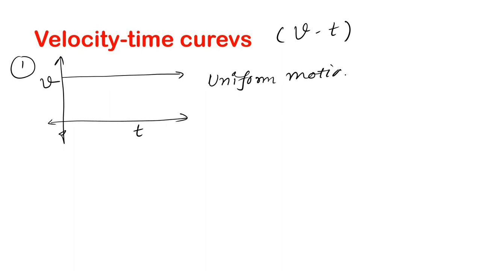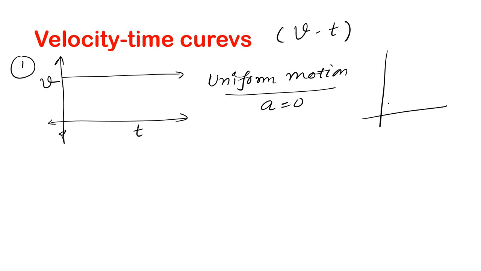Because you can see velocity is the same with respect to time. So for different time intervals, velocity is the same, so v2 minus v1 is 0. Therefore, acceleration is 0. Such a curve indicates uniform motion. The x-t graph for such a case is going to be like this.